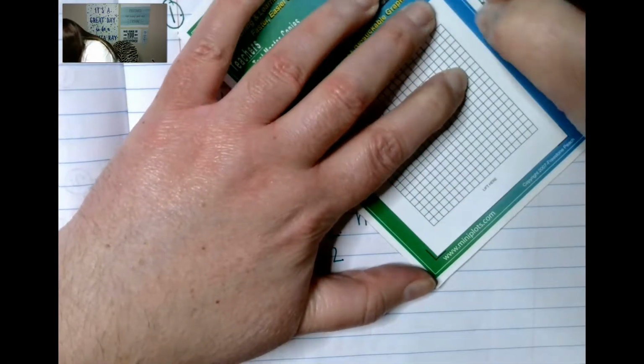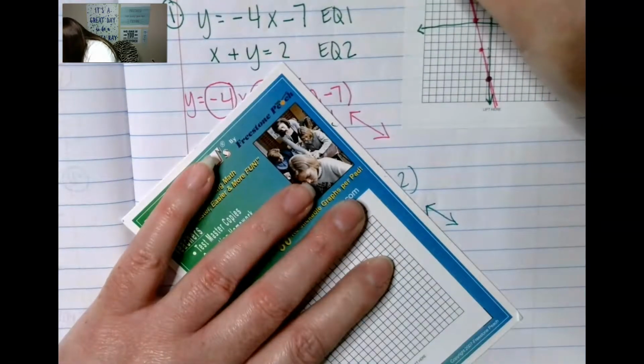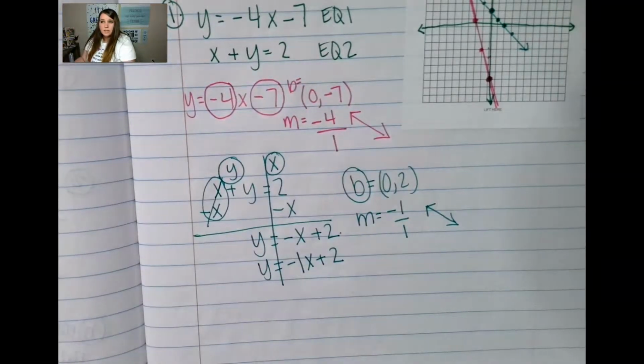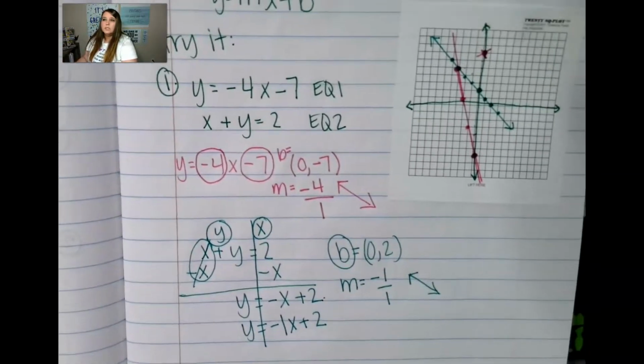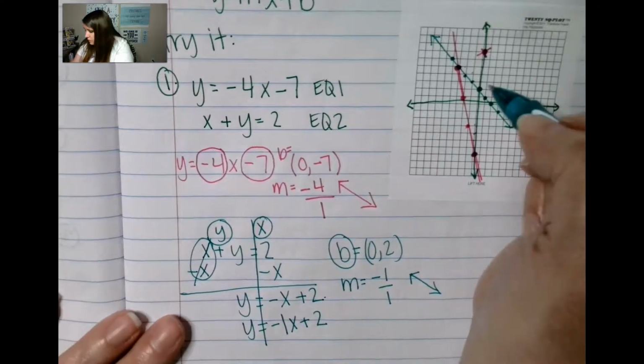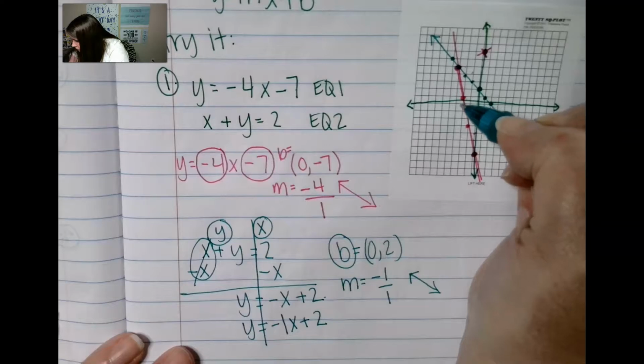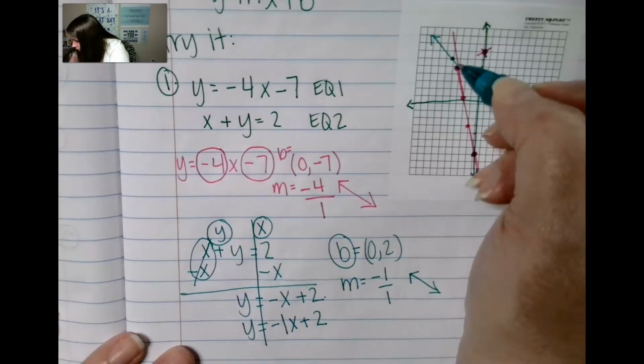This one would be easier to do on Big Ideas for sure, just because you have more space on Big Ideas and you can't see anything of what I just did. All right, there we go. So it crosses at 2, 3, 1, 2, 3, 4, 5.